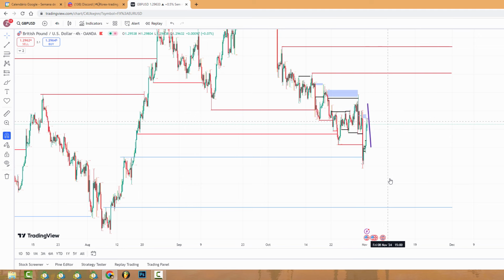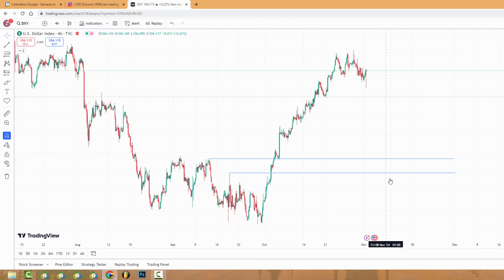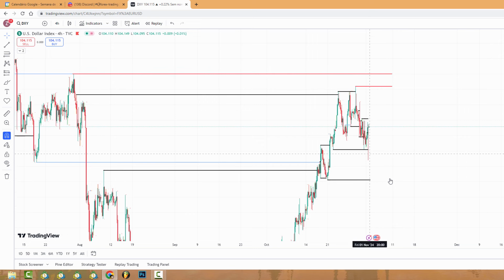But it still looks like we're going down from here. The DXY went down because of the NFP. Awful results for the dollar. But it ate that up. Took out liquidity, boom. We came to take these highs out. Had a double high. Had a liquidity. So this looks like it can be the major high.